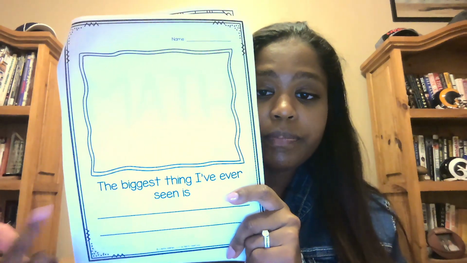Please make sure you capitalize and add the punctuation. And then your last one is a little writing tidbit. You can draw a picture, and it says, the biggest thing I've ever seen is. What's the biggest thing you've ever seen? You can write about it and then draw a picture to go with it.